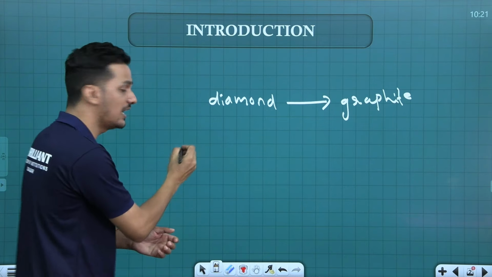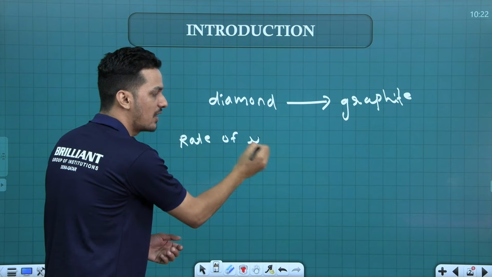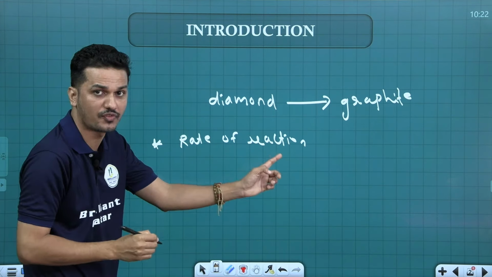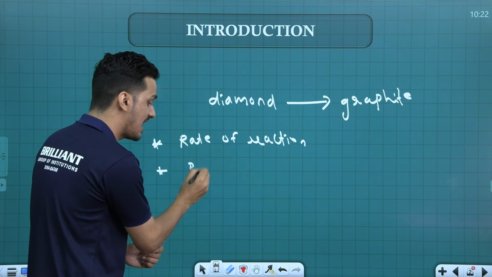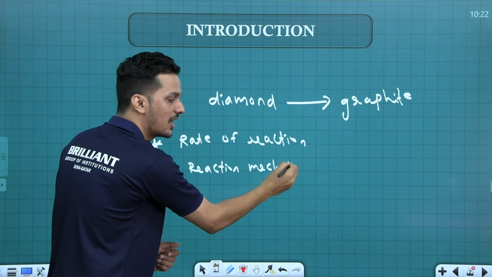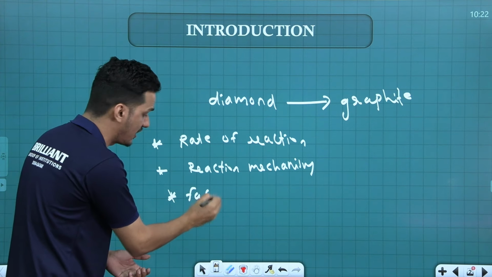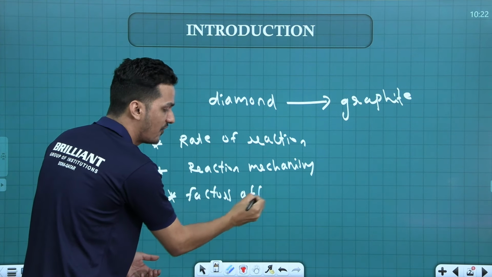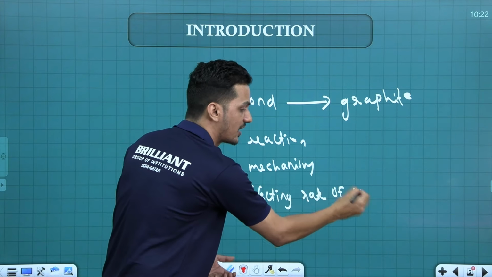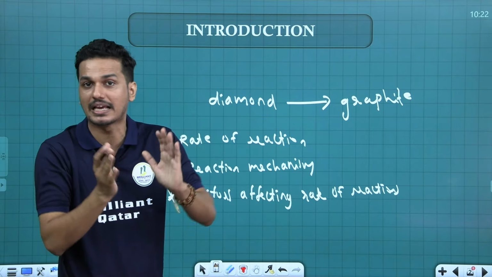First, the rate of reaction, second, the reaction mechanism, and third, the factors affecting the rate of reaction. These three points are mainly included in chemical kinetics.